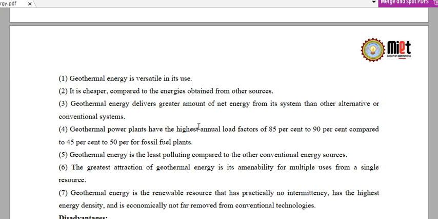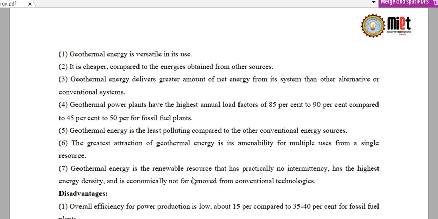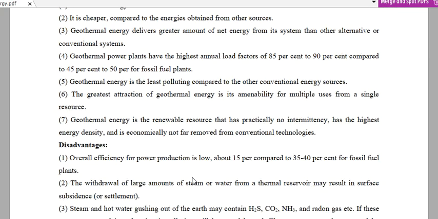Geothermal energy is the least polluting compared to other conventional energy resources. The greatest attraction of geothermal energy is its amenability for multiple uses from a single resource. Geothermal energy is the renewable resource that has practically no intermittency, has the highest energy density, and is economically not far removed from conventional technology.